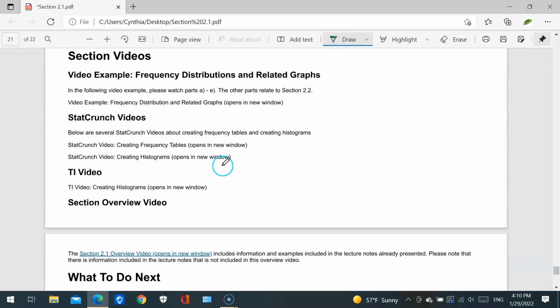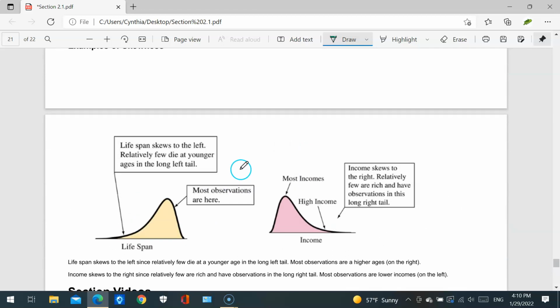Alright, so here's pretty much your 2.1. We will talk about more skew graphs, skew left and skew right, here. Now with the skew left, the high peak here represents the mode.